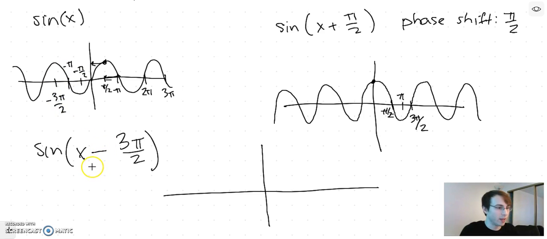Originally, when we plug in 0, we're here. But now, when we plug in 0, we're at negative 3 pi over 2. So we take this negative 3 pi over 2 and shift it all the way here. Now we're starting again here and repeating.